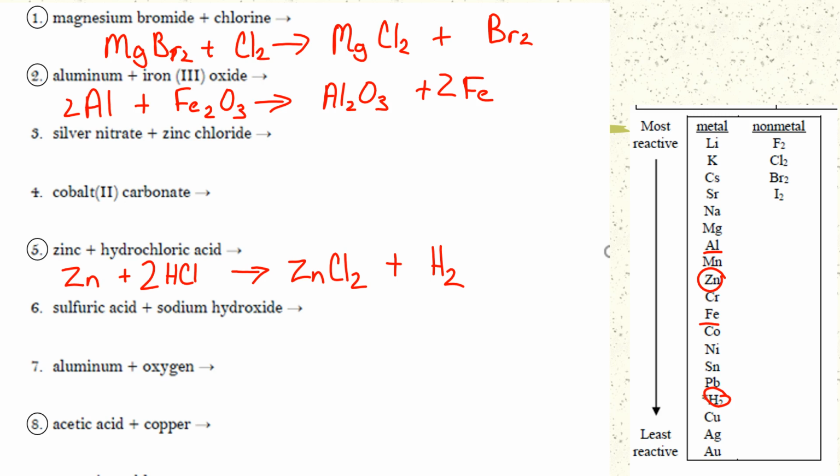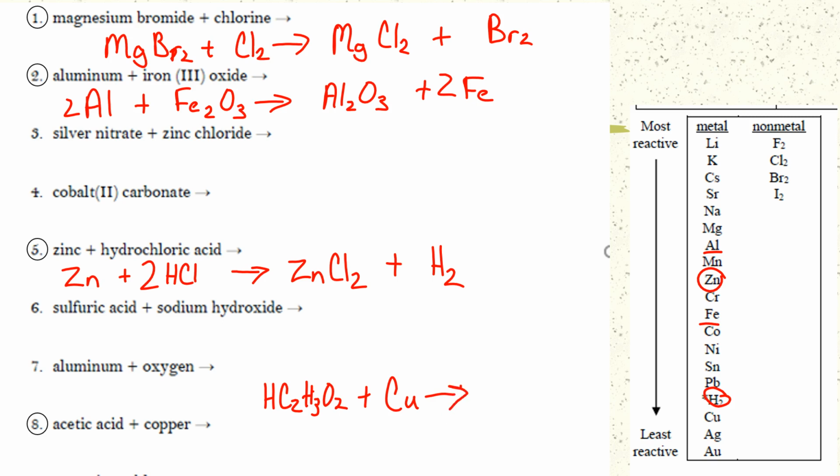All right, now acetic acid. I'm going to pull that up over here. So it's HC2H3O2. I don't always remember that one. Now, I'm reacting that with copper.